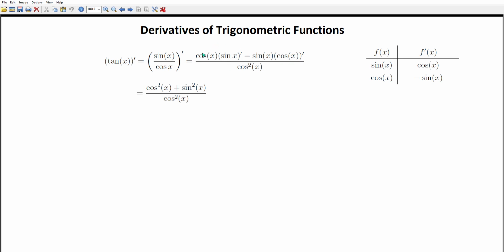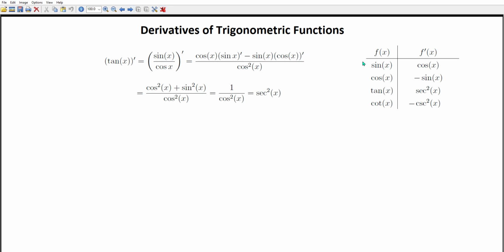So we get here cosine x times cosine x, which is cosine squared x, minus sine x times minus sine x is plus sine squared x over cosine squared x. Cosine squared x plus sine squared x is 1. So we get 1 over cosine squared x, and 1 over cosine x is secant x. So 1 over cosine squared x is secant squared x.